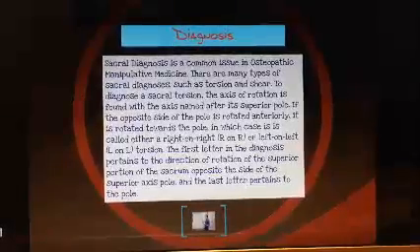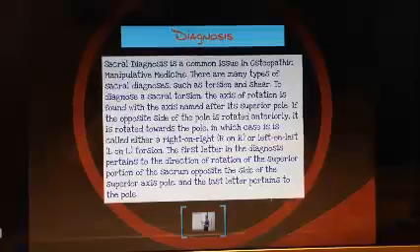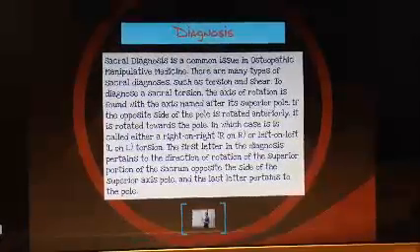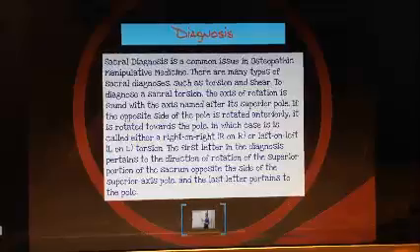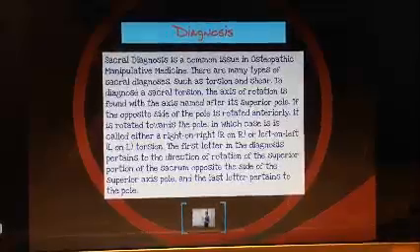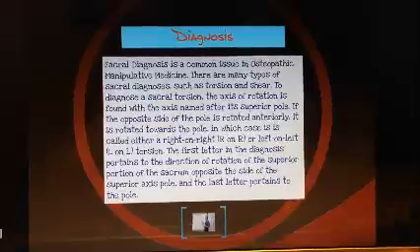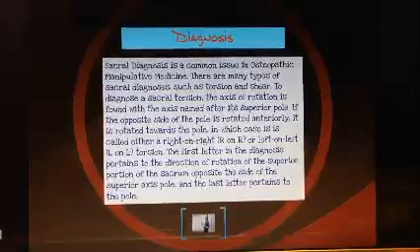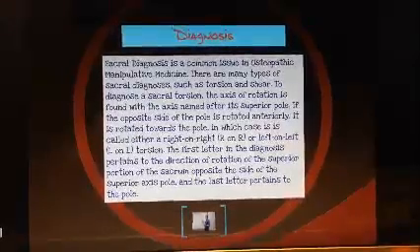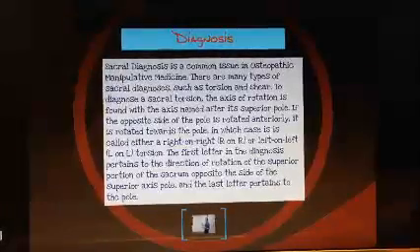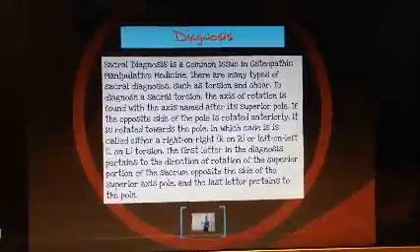If the opposite side of the pole is rotated anteriorly, it is rotated towards the pole, in which case it is called either a right-on-right or a left-on-left torsion. The first letter in the diagnosis pertains to the direction of rotation of the superior portion of the sacrum, opposite the side of the superior axis pole, and the last letter pertains to the pole.